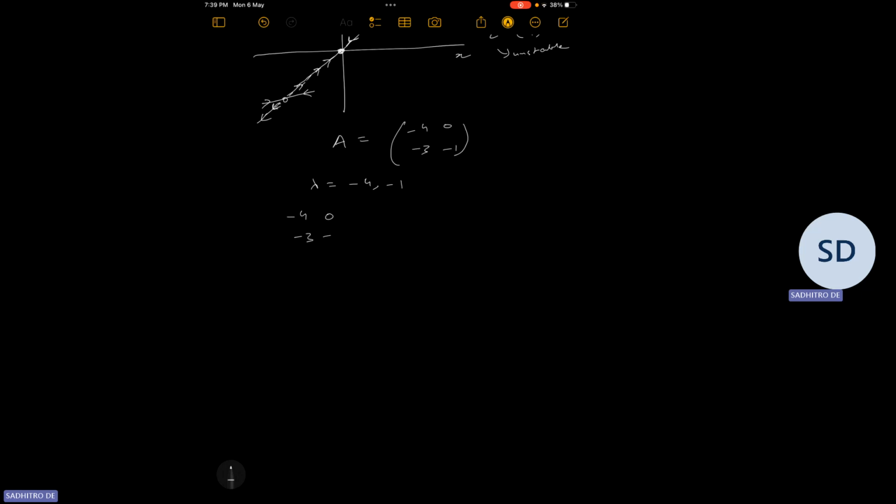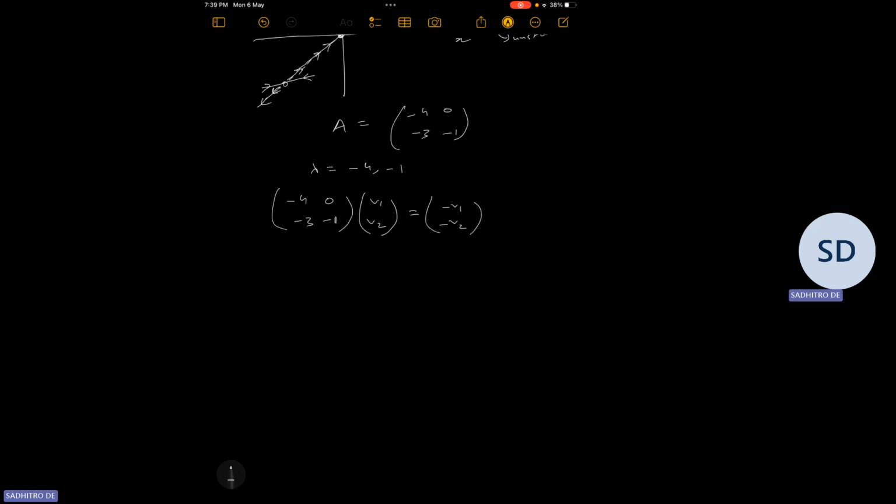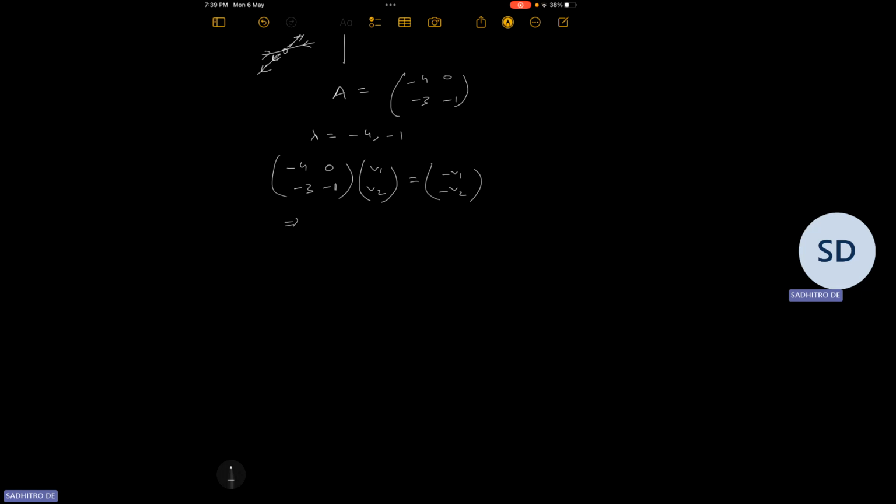First I look at the smaller eigenvalue, or the slower eigendirection, the one of the smaller magnitude. Over here it turns out that -4v1 is equal to -v1, implying that v1 equal to 0.